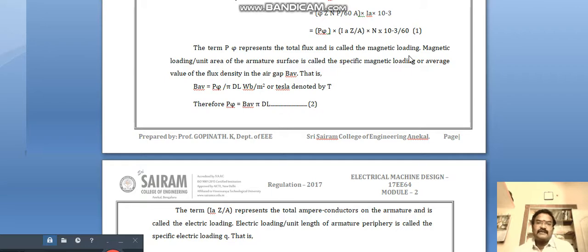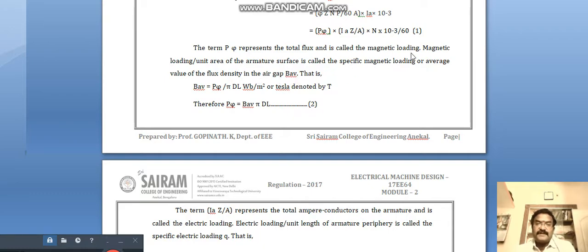Magnetic loading we can represent as Bav, and electric loading we can represent as a small q. Magnetic loading per unit area of the armature surface is called the specific magnetic loading or average flux density in the air gap, Bav.